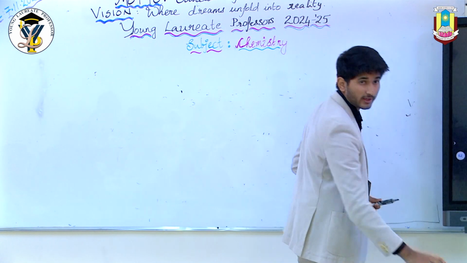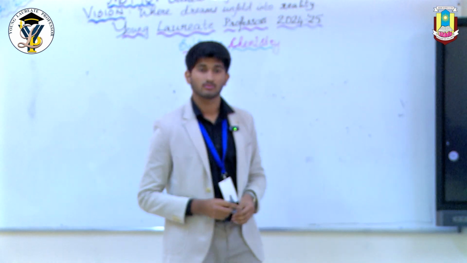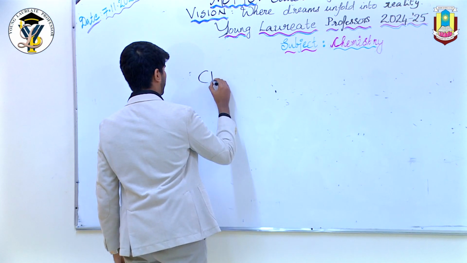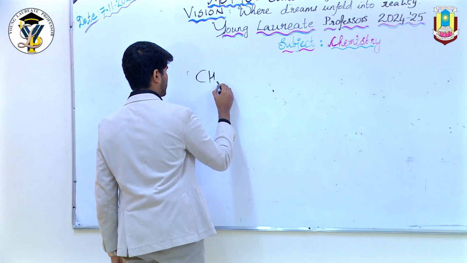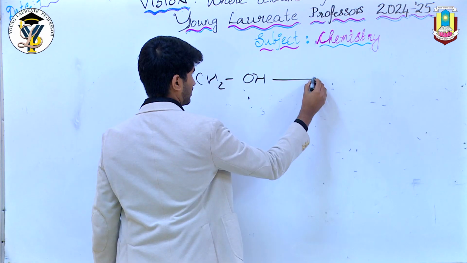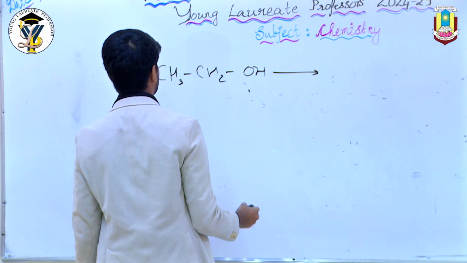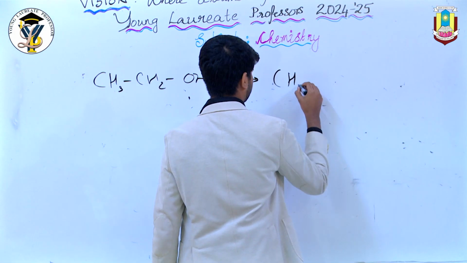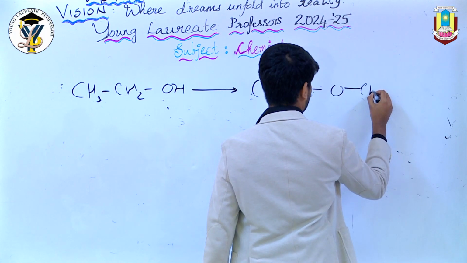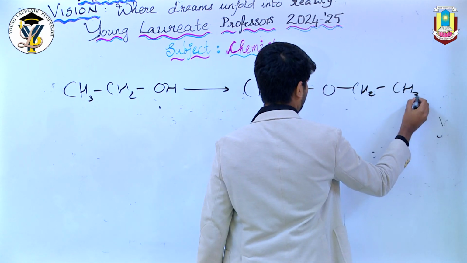What 2 alcohols do you want to take? Let's take ethanol and propanol. Ethanol and propanol, fine. So first off we have ethanol, CH3CH2OH, which gives us ethoxyethane, CH3CH2OCH2CH3. This is fine.